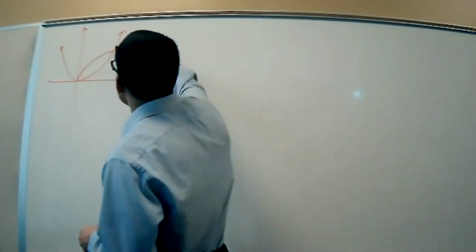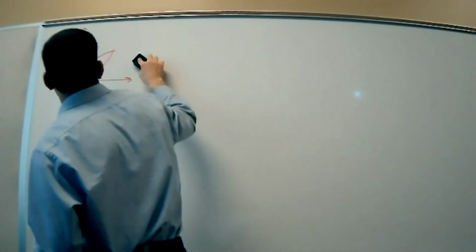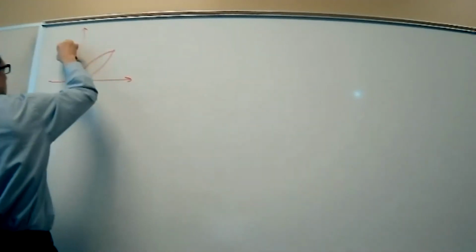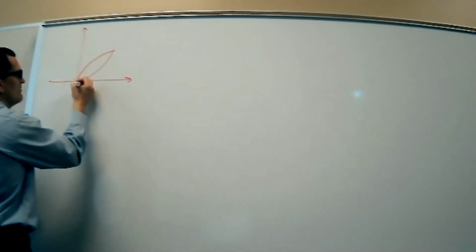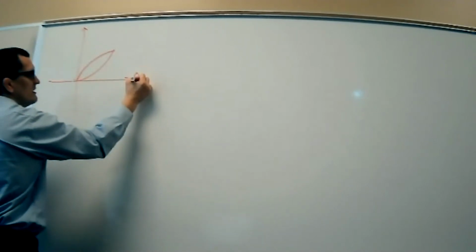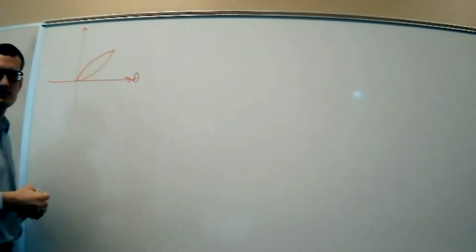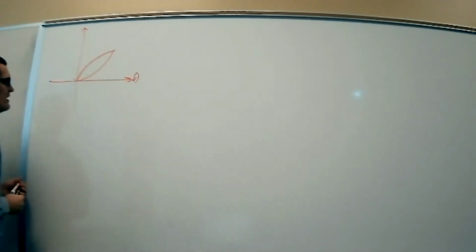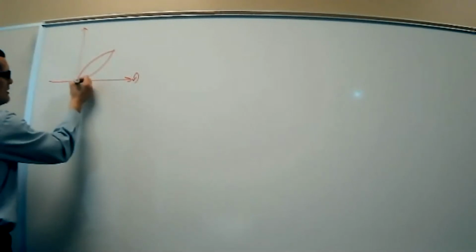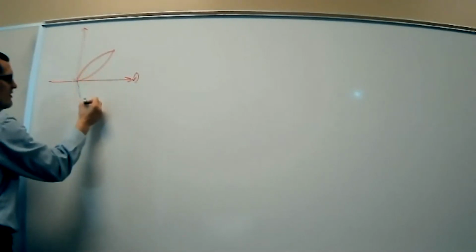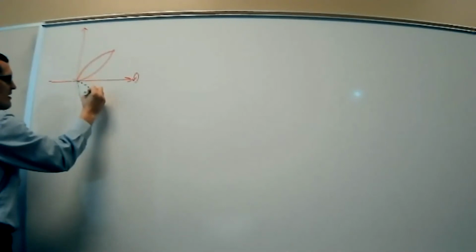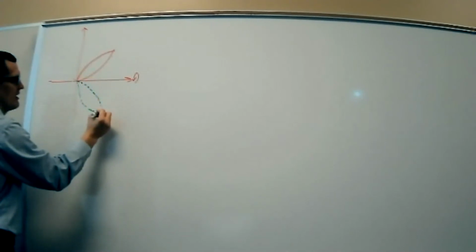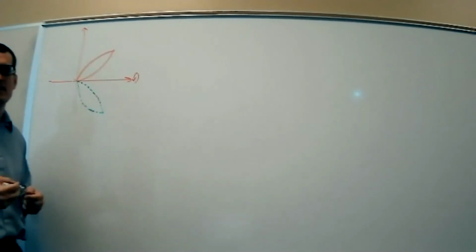Now, we're going to take that region, and it says, take this region and revolve it around the x-axis. That's going to give me an image on the other side that looks like that.